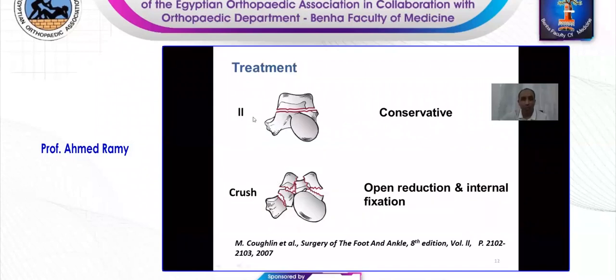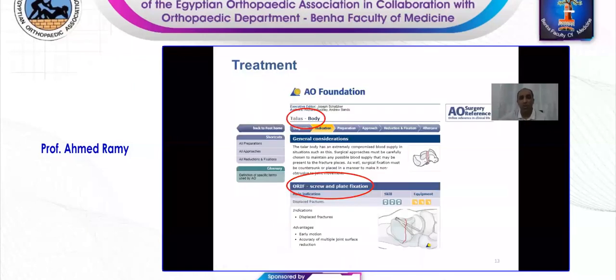Type 2, where the fracture line is transverse, is treated conservatively, while the crush type is treated with open reduction internal fixation. What about the recommendations of the AO Foundation? When we talk about the talar body fracture, the articular one, the recommendation is treatment with open reduction internal fixation, either with screws or screw and blade fixation.